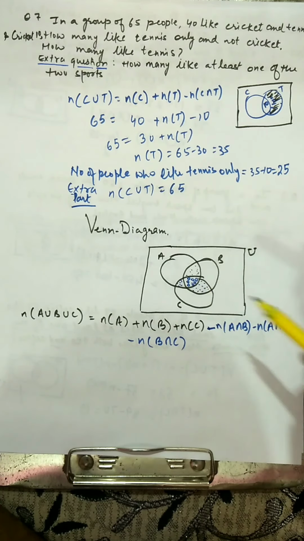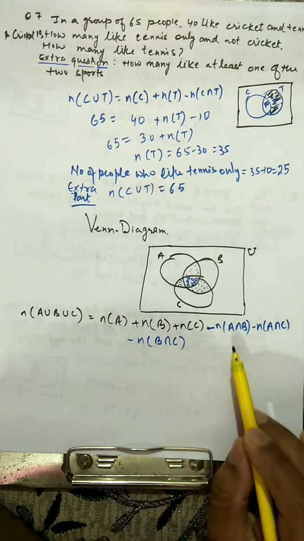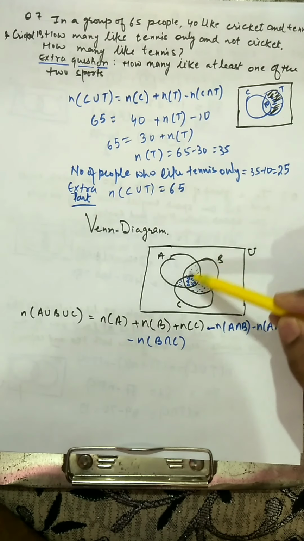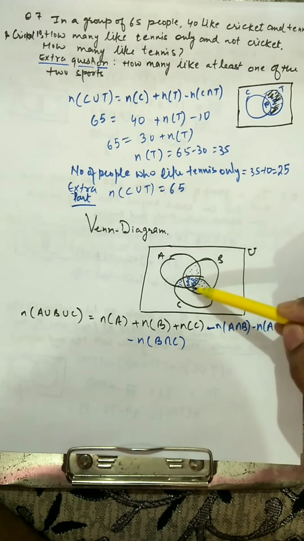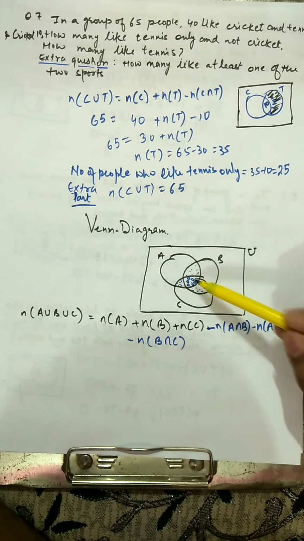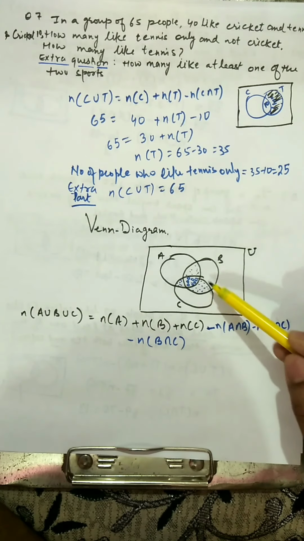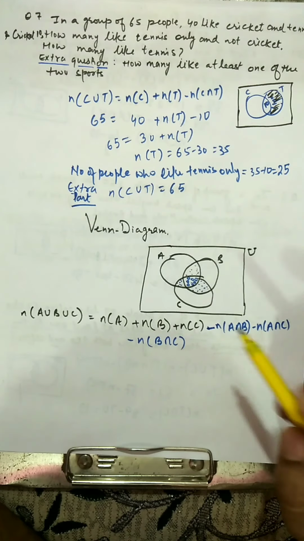So it was counted thrice, but here it is subtracted once. You can see A intersection B means we are subtracting this area, this blue one. So we have subtracted once. Here in A intersection C also we have subtracted it once, and in B intersection C we have subtracted this middle area again once.